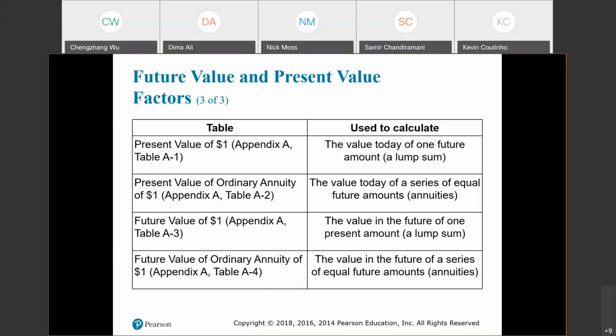The first table is the present value table. Second is the present value of ordinary annuity table of $1. Third is the future value table. And the last table is the future value of ordinary annuity of $1.